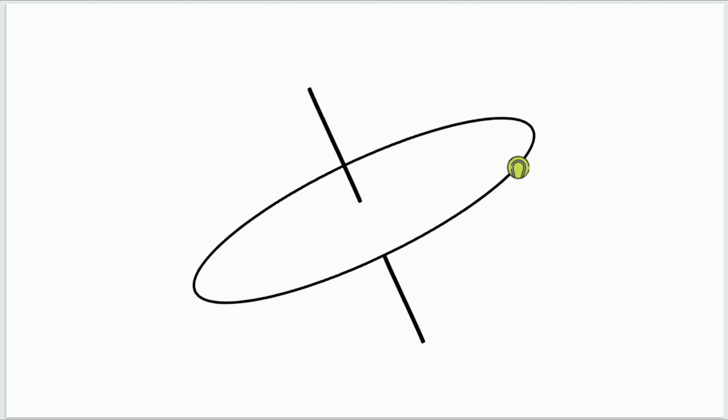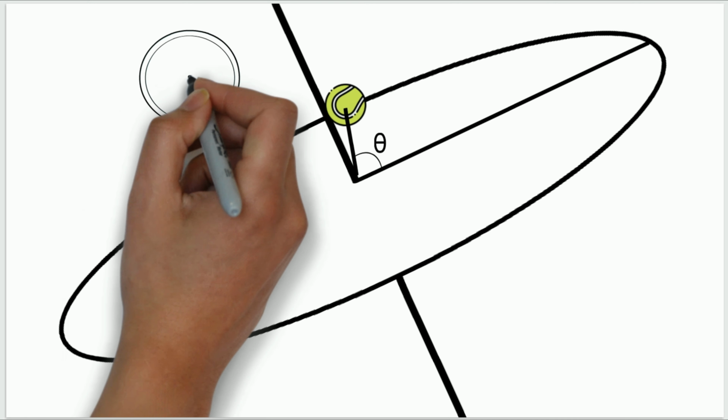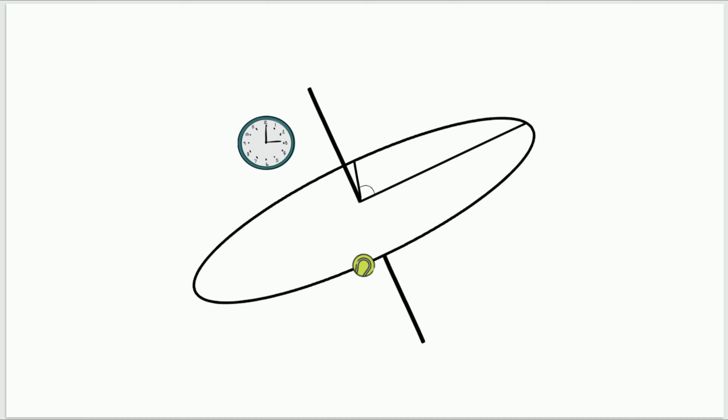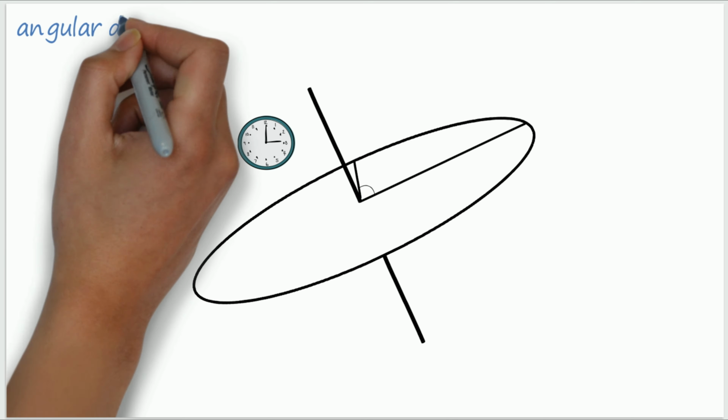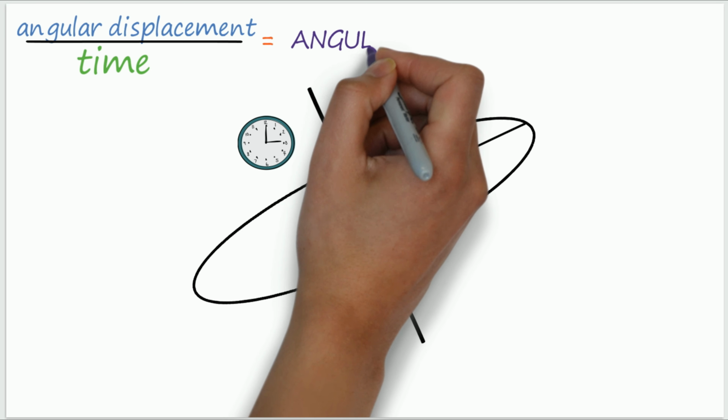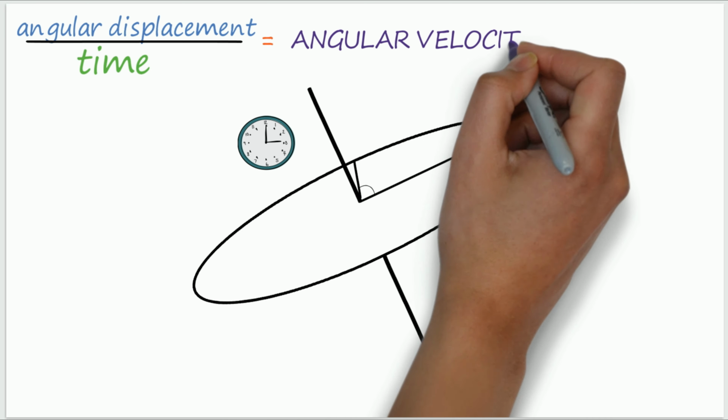We can measure its rotation by measuring the change in angle that's occurred in a period of time. Or in other words, we can measure the velocity at which it's rotating by knowing the displacement of the angle with a change in time. And here we have arrived at the expression of angular velocity, which is angular displacement by time.